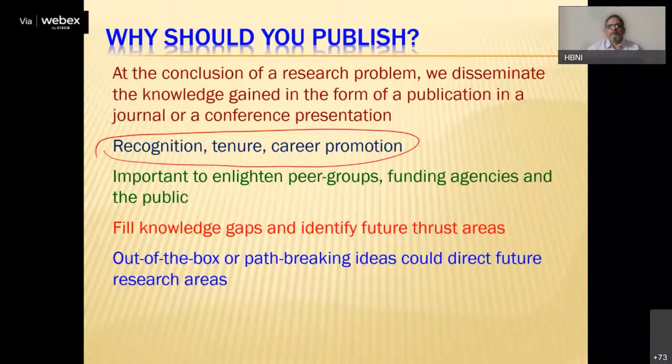So it is your own, you're doing this for your own advancement and satisfaction. But the other three here involve your accountability and responsibility towards others, your peer group, and things like that. So there are two different things which are involved when you actually publish a paper.